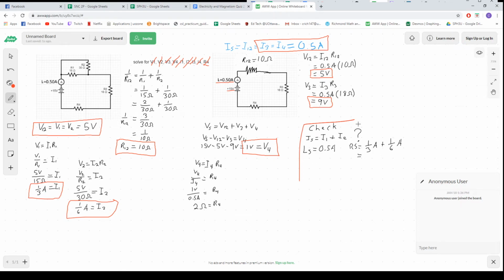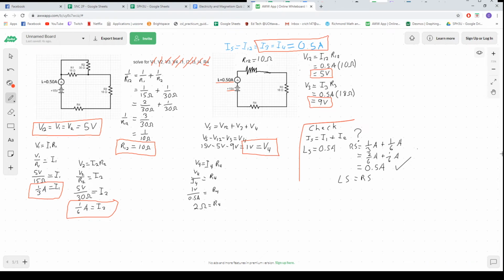Finding a common denominator is 6. 2 over 6 plus 1 over 6, which is equal to 3 over 6, which is 0.5. So that is one check because our left side is equal to our right side, which is exactly what we want. So let's write that in. Left side equals right side. So there's one check that we can make.